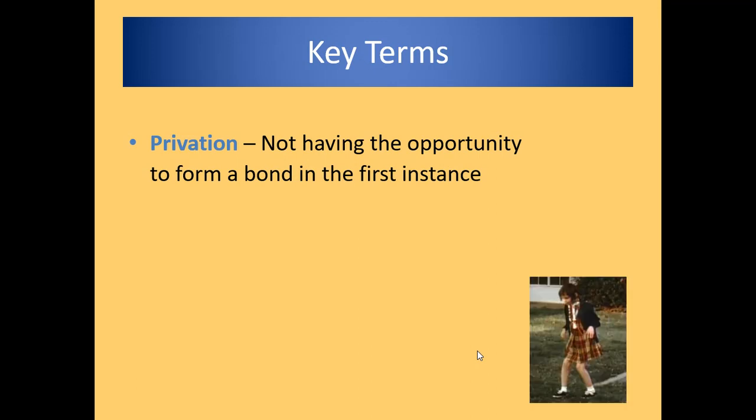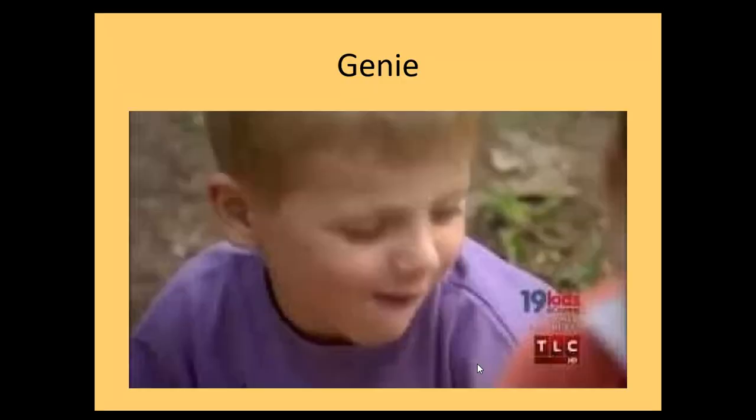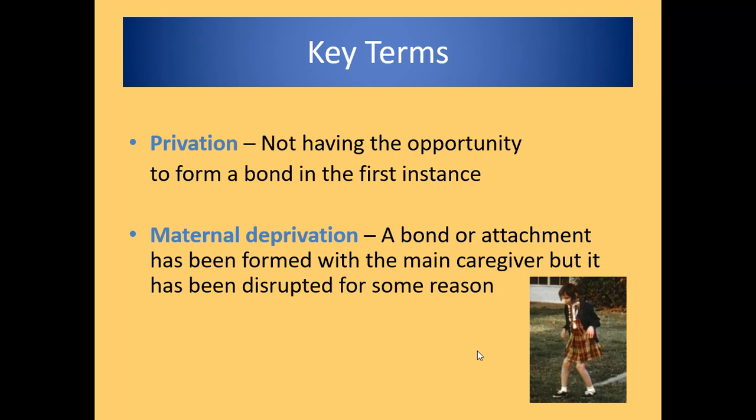You used to have to know a bit more research on this. There used to be some work on privation, which is people who haven't formed a bond or an attachment with anyone in the first place. A good example of this is Genie, which some of you might look at in English in language development. The specific thing we're looking at is maternal deprivation, where a bond or attachment has been formed with the main caregiver, but then it's been disrupted for some reason.